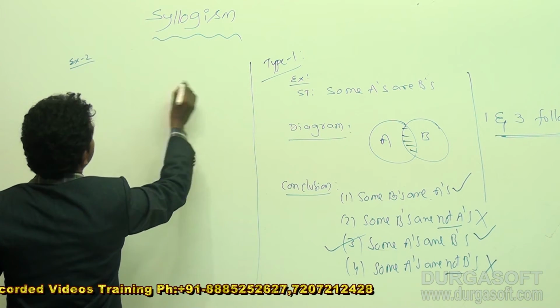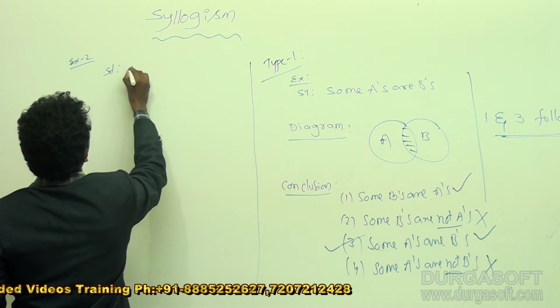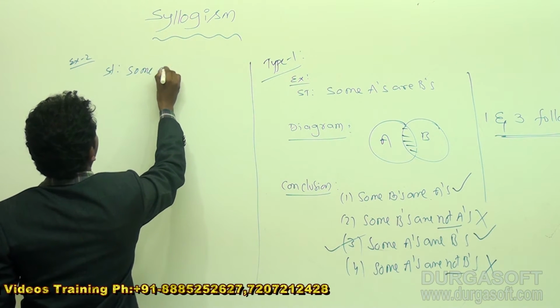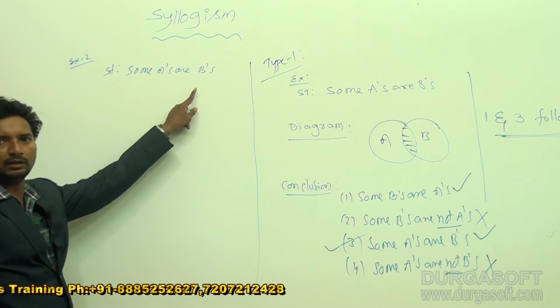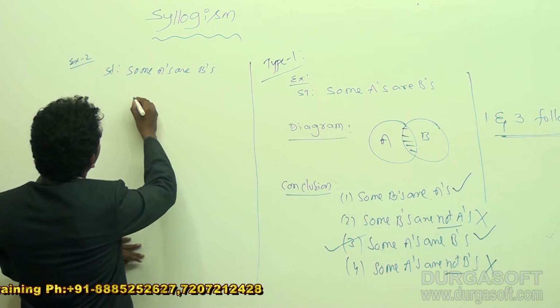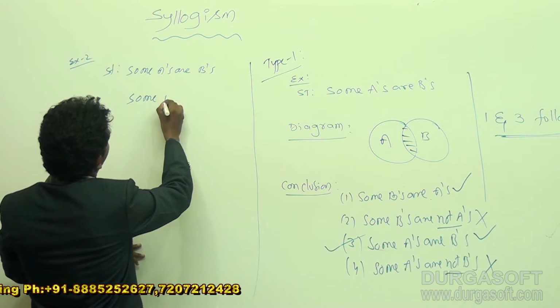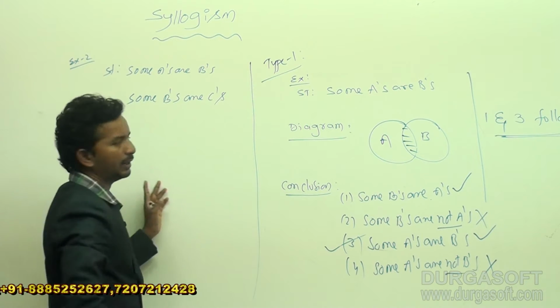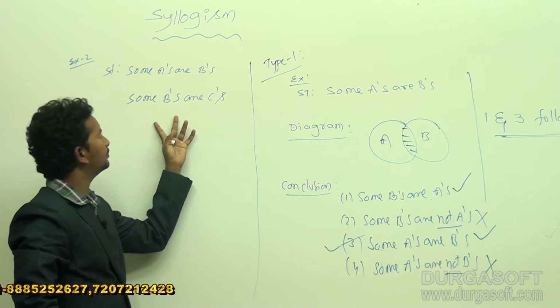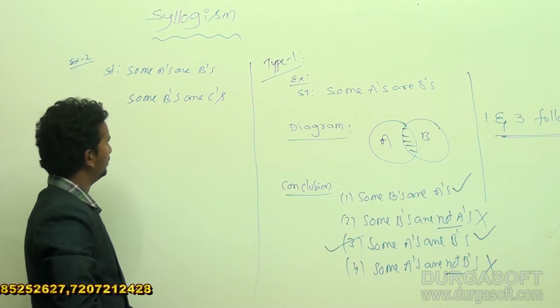Some A's are B's. Again, some B's are C's. This is my next statement: some B's are A's, some B's are C's.